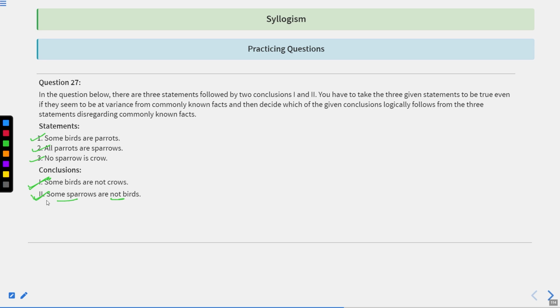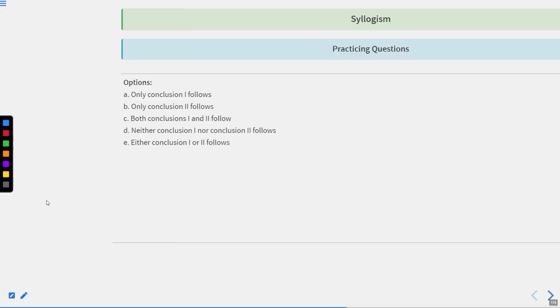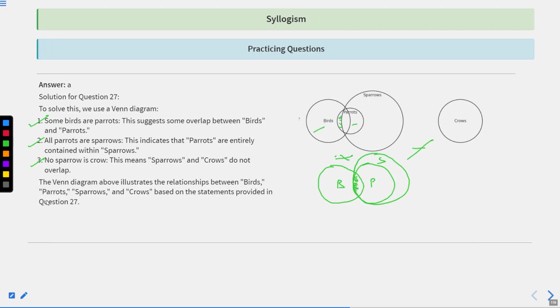Again, आपको यहाँ पे फिर confusion आया होगा, my dear students. आप सोच रहे होंगे कि सर जब some birds sparrows हो सकती हैं क्योंकि some birds जो कि parrots है वो sparrows हैं, तो उसका opposite क्यों नहीं possible? वो possible इसलिए नहीं है क्योंकि हम लोग ये infer तो कर सकते हैं कि हाँ, if some x are y, then all y which is z, therefore some z will also be x.